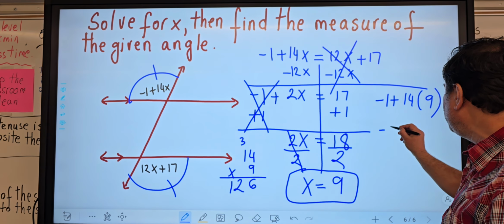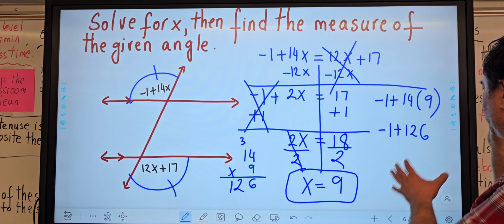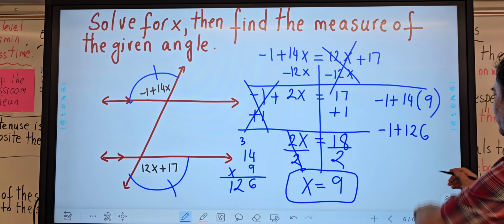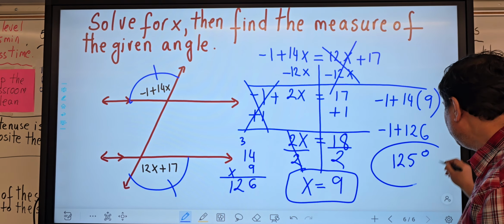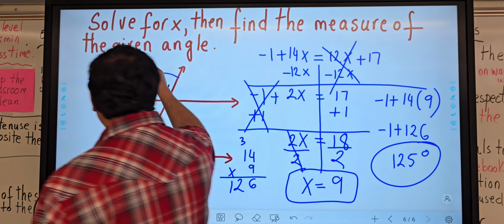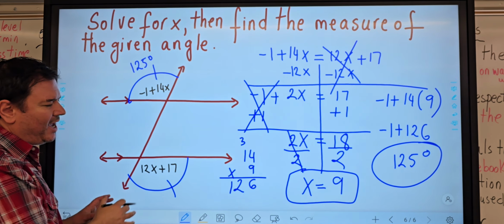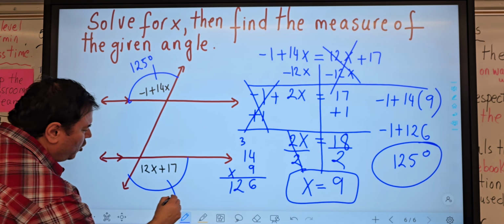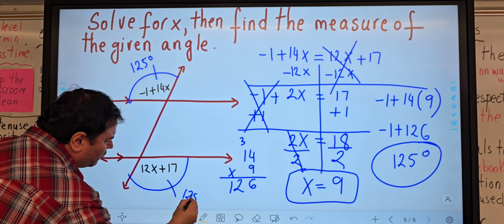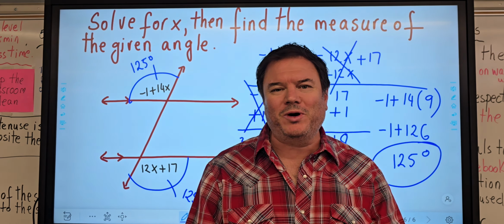So we have here negative 1 plus 126. And if we take away 1 from 126, we get 125 degrees. So this angle here is 125 degrees. And the other angle, if you plug in x, which is 9 times 12 plus 17, you will get 125 degrees, because both of these angles are congruent.